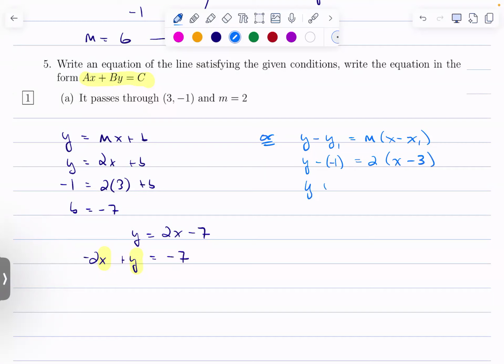So you get y plus 1 is equal to 2x minus 6. And then you still have to move things around. -2x plus y is -7. It does mean that you're comfortable working with the point slope form of a line, which is not necessarily the case, but it'll always work if you just start at y equals mx plus b.